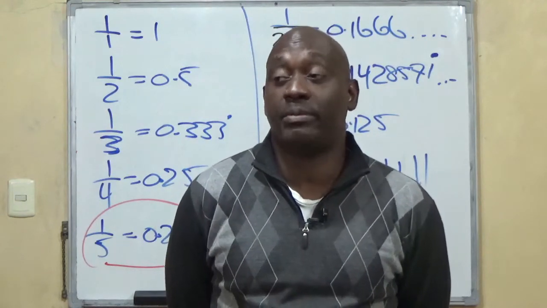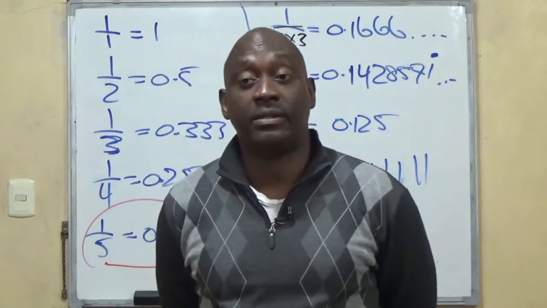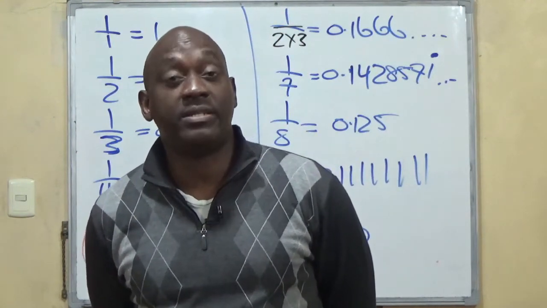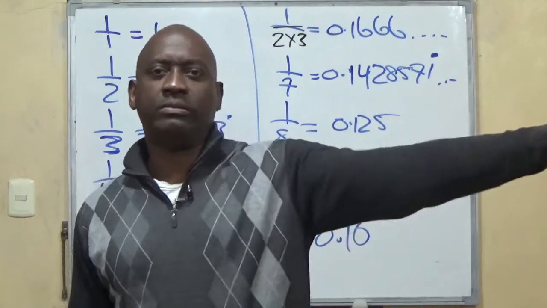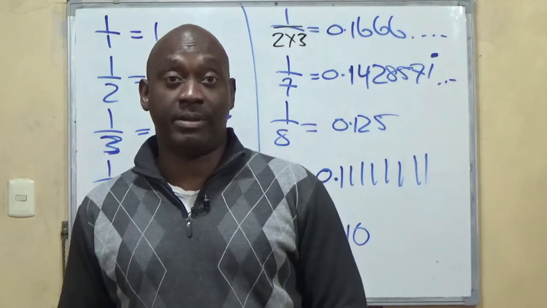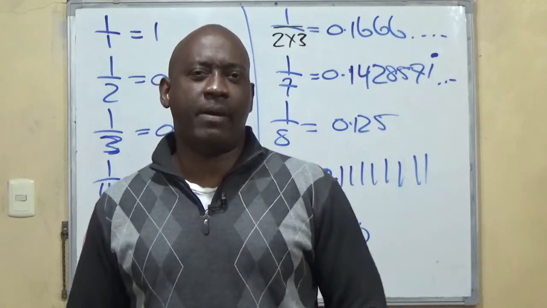That is probably the best way to understand what a prime number is. Once you have factors other than the number itself and 1, then the number is not a prime number. So 1, prime number. 2, prime number. 3, prime number.